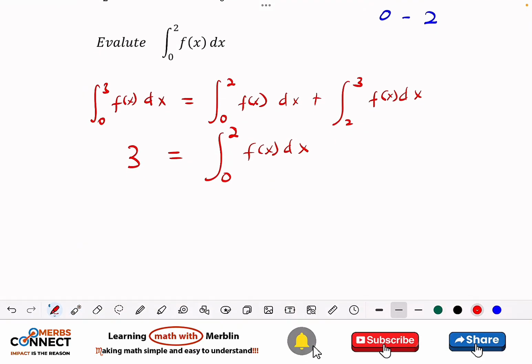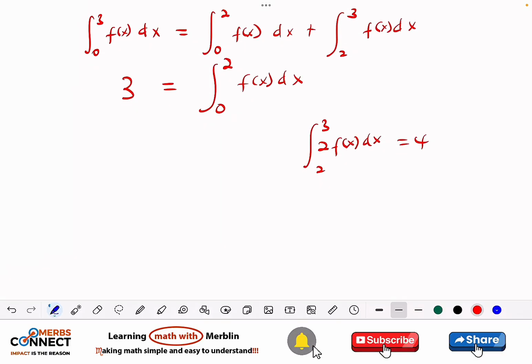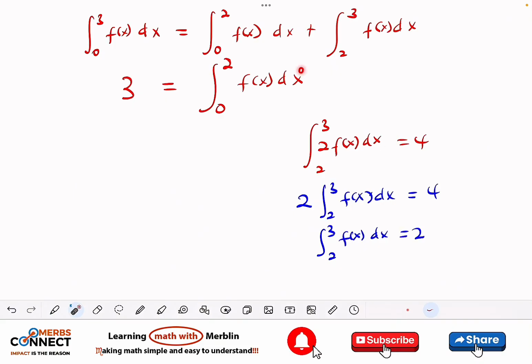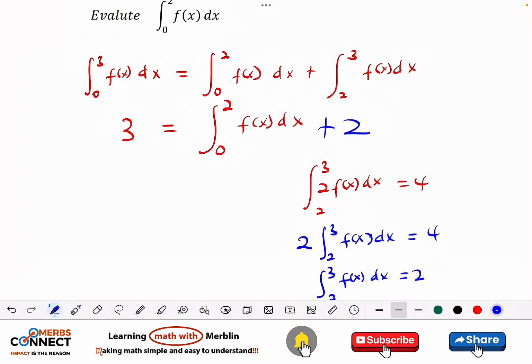So I'm going to write this one as f of x, which is equal to 4, from 2 to 3. Now from the properties, we can factor 2 out. So factor 2 out and get something like this. Divide through by 2 and we are going to have something like this, is equal to 2. So it means that this right here is equal to 2.